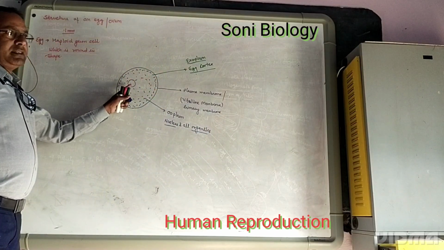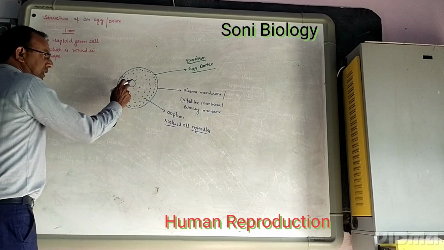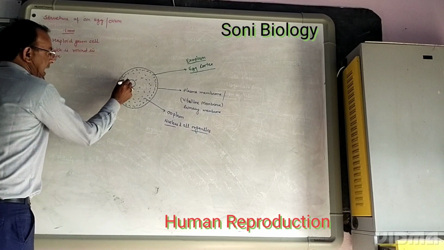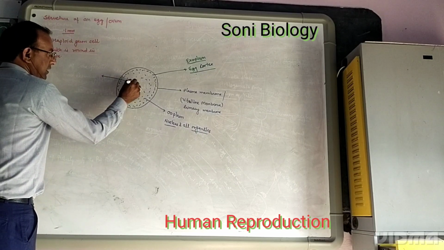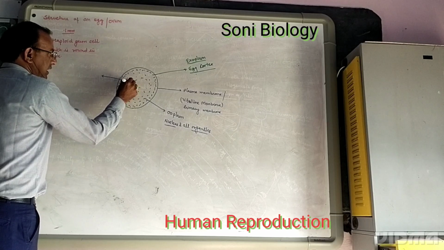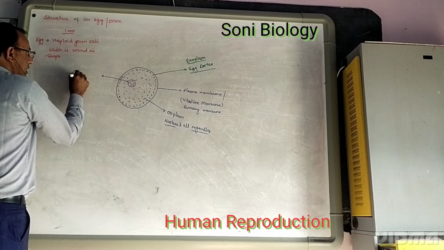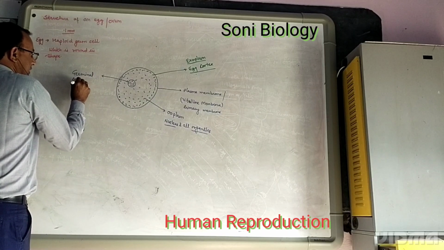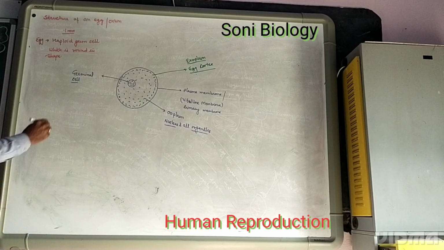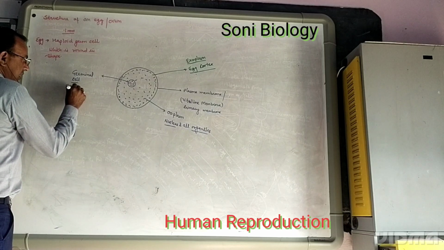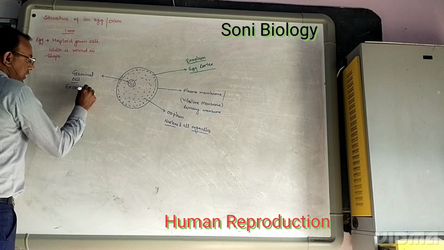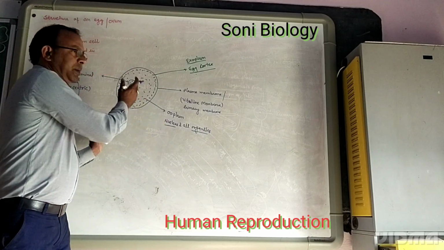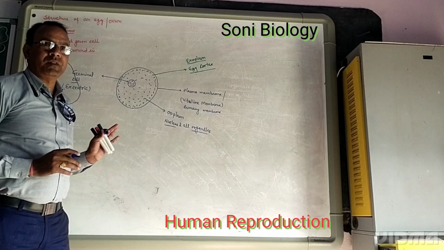The nucleus is not central, it is eccentric, and it contains the genetic material, so it is called the germinal vesicle. In human beings the nucleus is eccentric, it means it is not present centrally, it is present at one side.